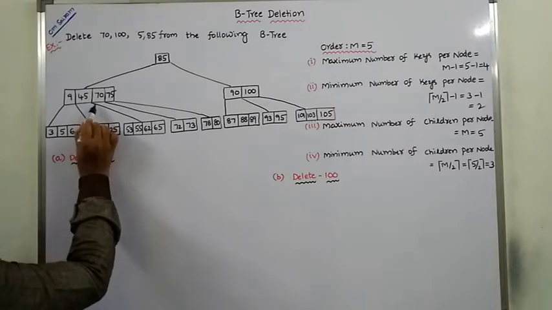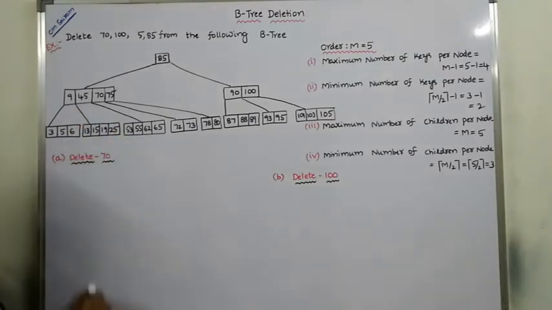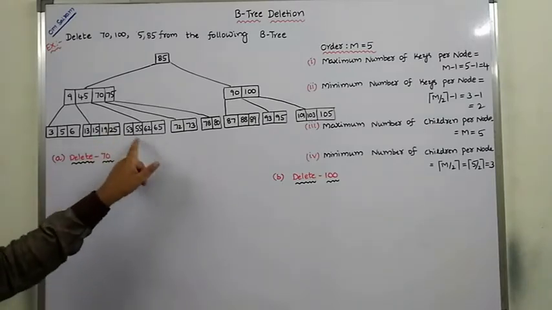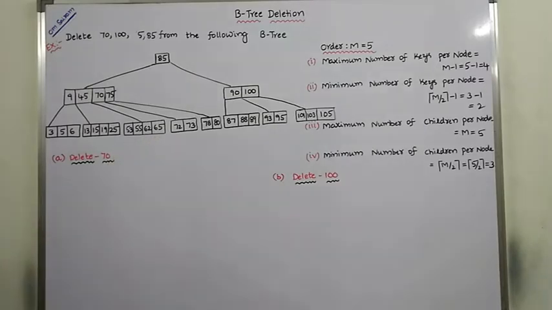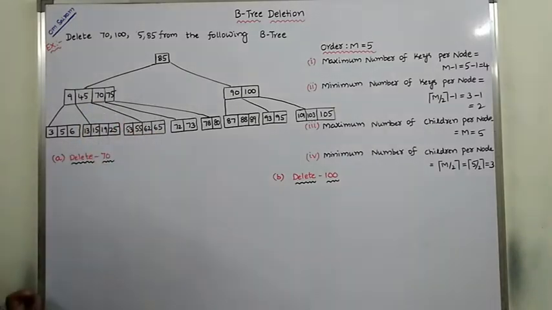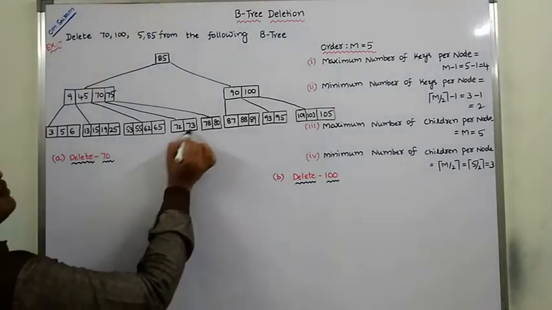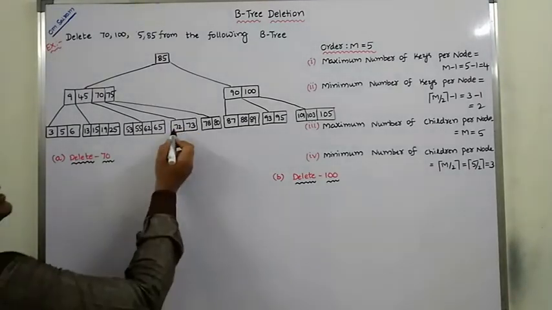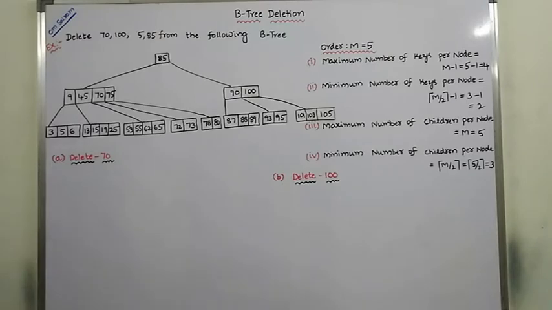The left pointer points to a subtree that contains a node with 4 key elements: 53, 55, 62, 65. The right pointer of 70 points to a subtree that contains a node with 2 key elements, 72 and 73. Now, how do we delete the target key element 70 at the internal node?